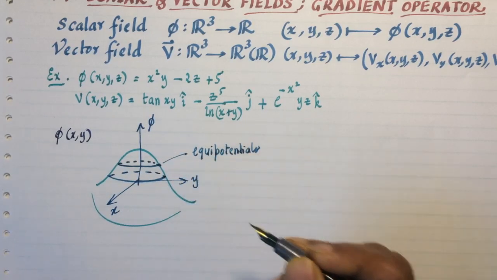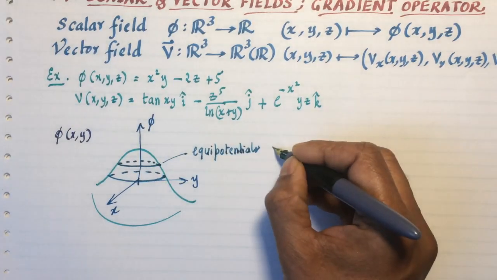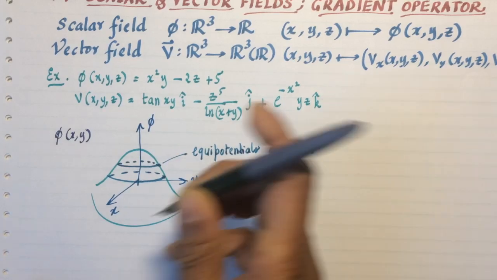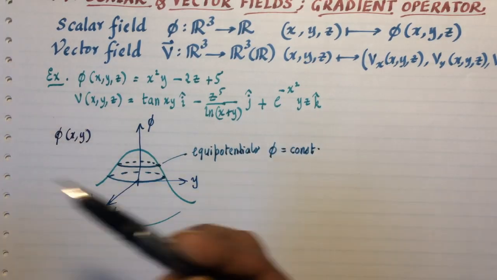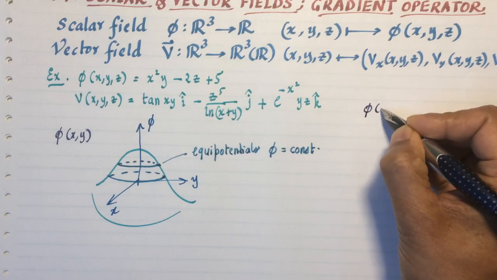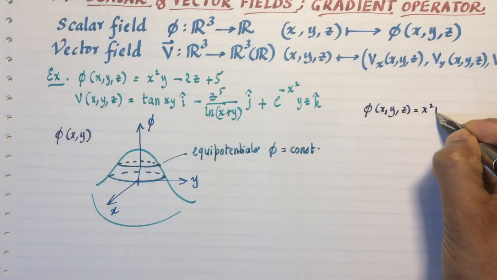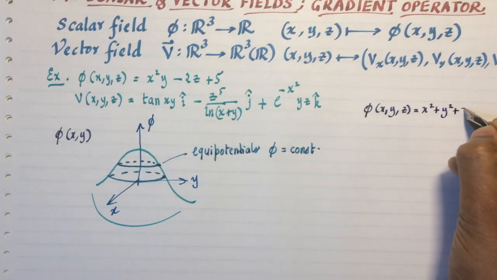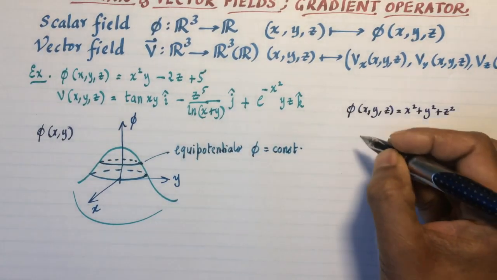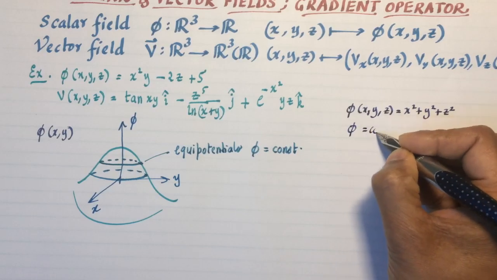If you think of this as a hill, you have two equipotentials. These are defined by the condition that phi equals constant. Just to make the example more concrete, I'll take phi of x, y, z equals x squared plus y squared plus z squared. This is actually pretty easy to visualize. It's a sphere in 3 dimensions. So the equipotentials here are phi equals constant.